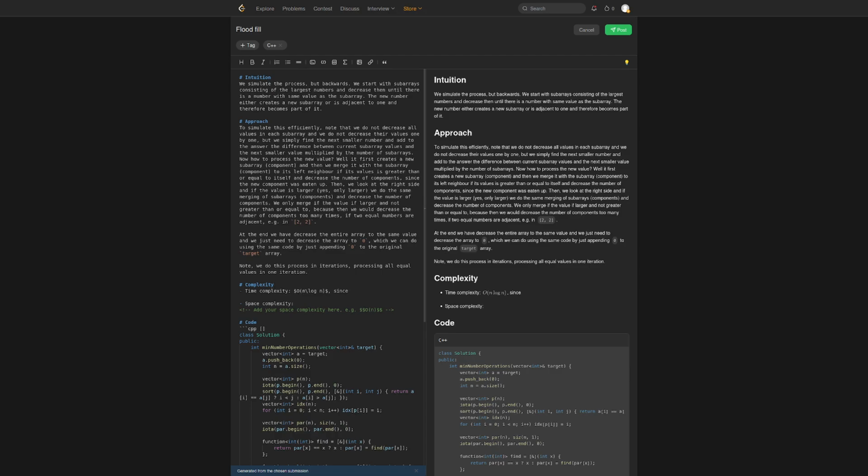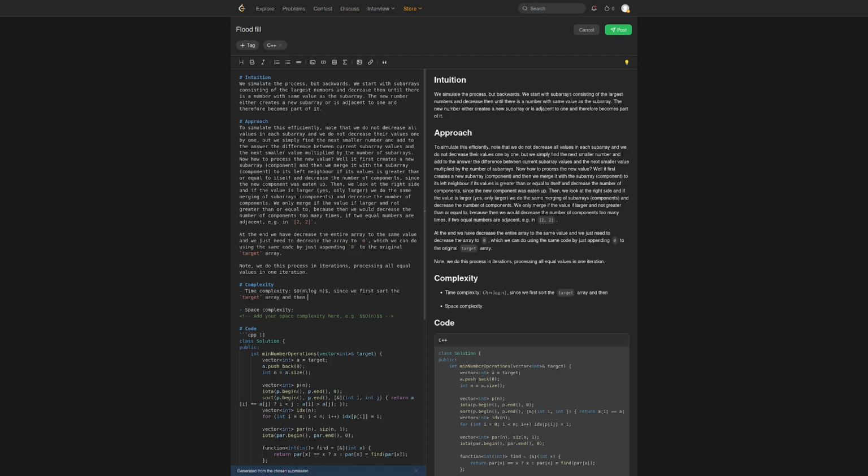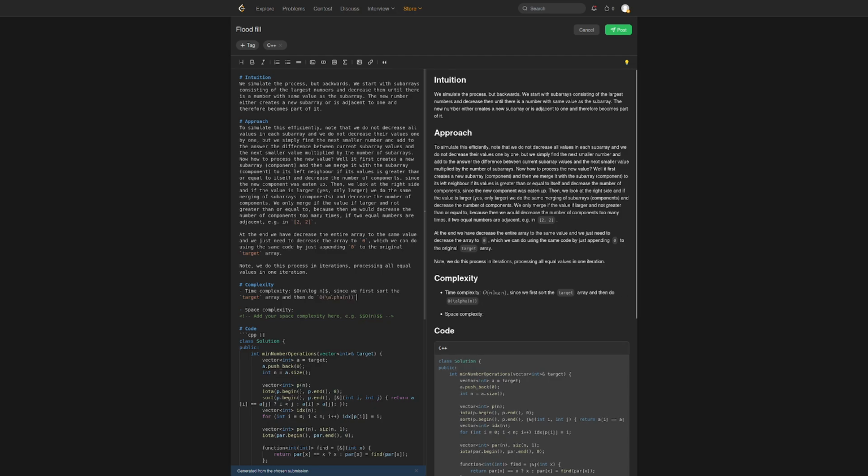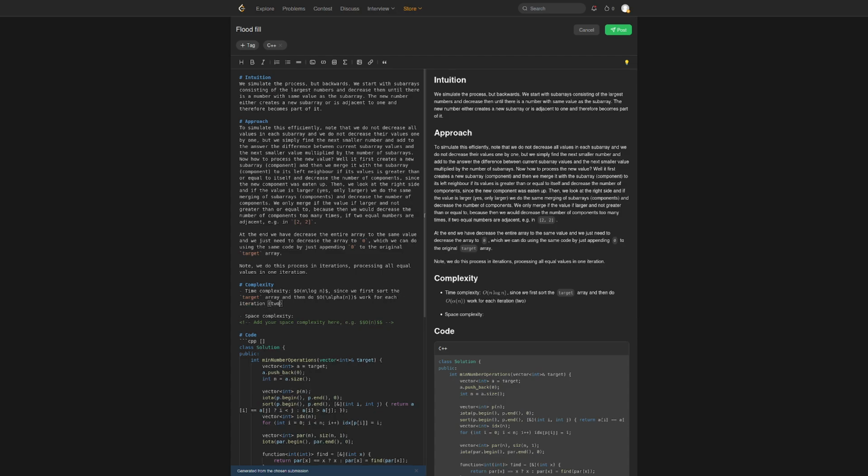I'm writing disgustingly, but since we first sort the target array, and then do work for each iteration, two merges with union find.